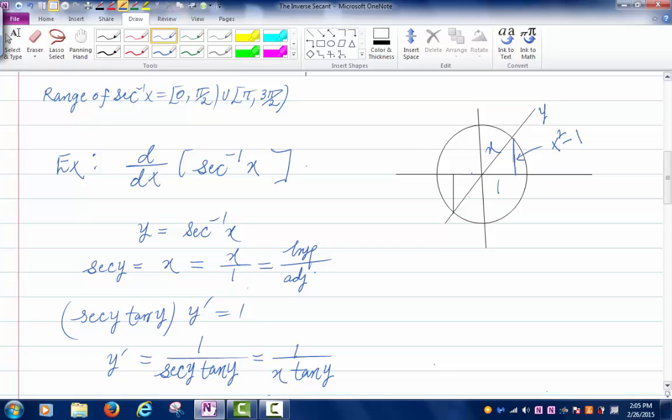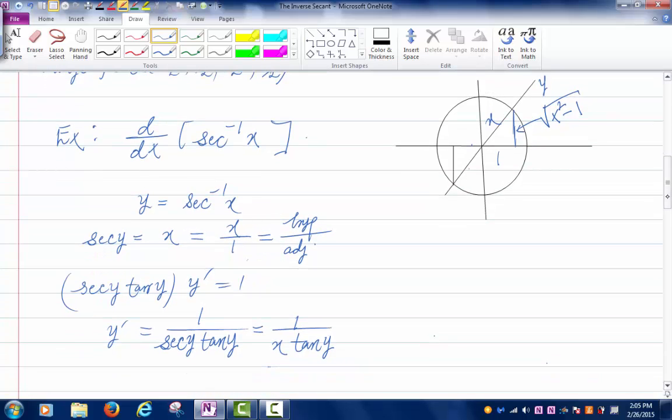Root of x squared minus 1, right? So from there, do I see what tangent of y is? What is tangent of y? Tangent of y is opposite over adjacent, so what is that? Yeah. So I get that.